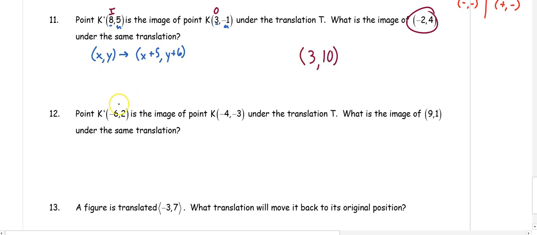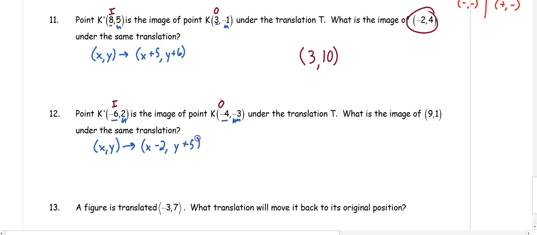Same idea, number 12. Again, I have my image and my original. So I need to make a translation rule. I'm going to use my coordinate notation. You can use any notation you want. It's just your scratch work here. So how did my x change from negative 4 to negative 6? I subtracted 2, so x minus 2. How does my y change from negative 3 to negative 2?